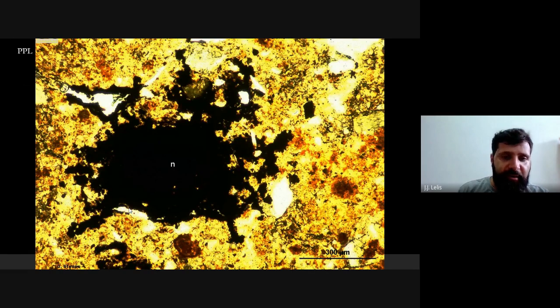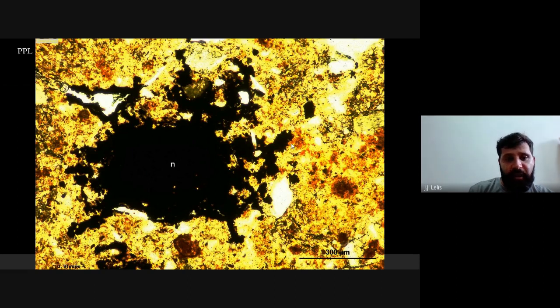And here we can also see, again, another nodule where we can see an increase of iron and or manganese concentration, and we can see that they usually compose a boundary of a void or even some coarse grains.